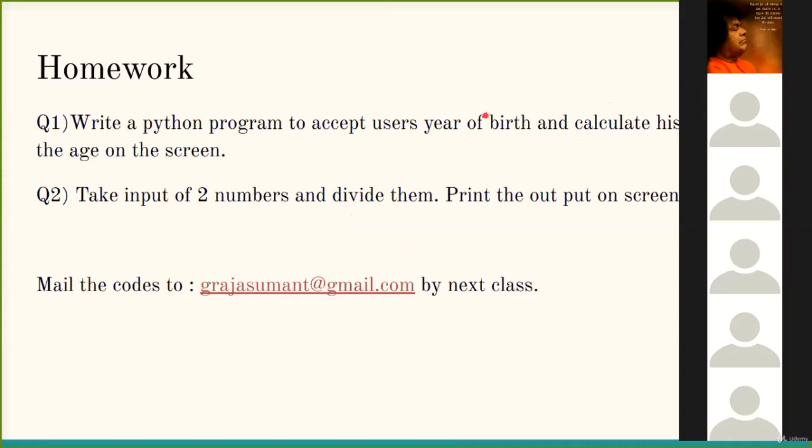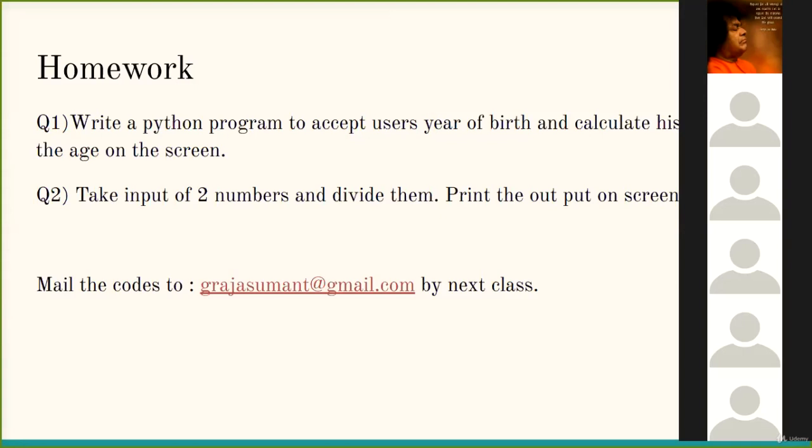Now, how do you do that? Suppose age is equal to, or you can simply declare a variable called year, and year is equal to input of, in which year were you born, and then you store this variable.